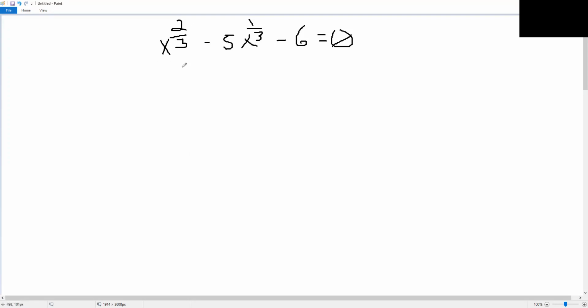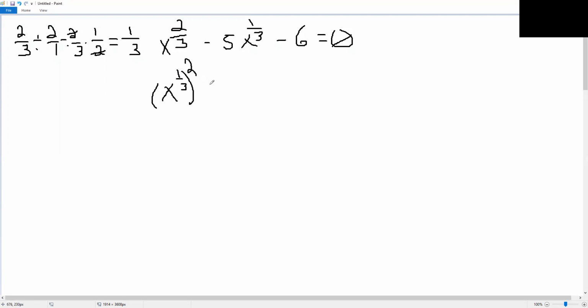We know we want this to be squared. So we take 2/3 and divide it by 2. And when we divide, we flip that last fraction. This gives us 1/3 because the 2's cancel out and you're left with 1/3. So now we can say this x^(1/3) squared, and those two are equivalent.